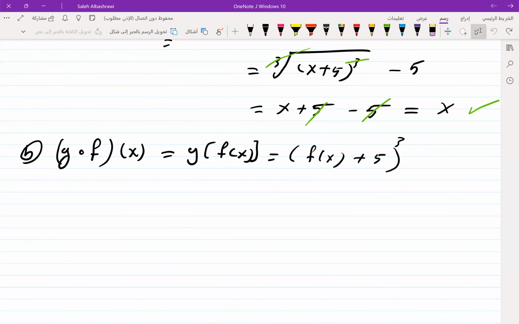Now f of x is equal to the third root of x minus 5. This is f of x, and we have plus 5 all to the power 3.